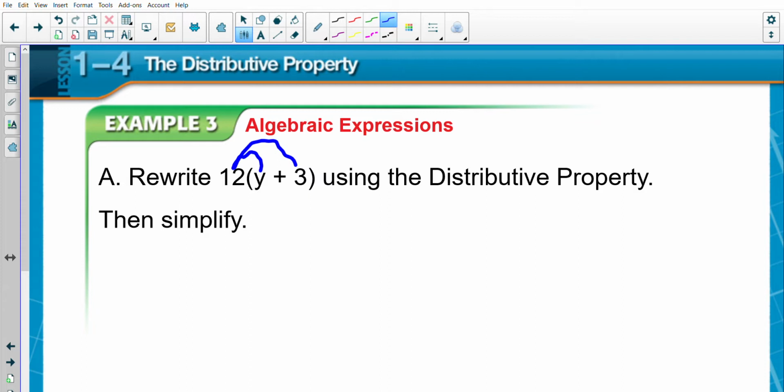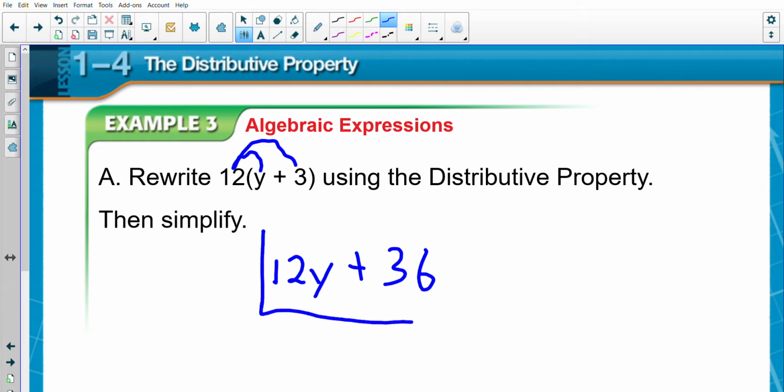So when I distribute, it simply becomes 12 times y, which is simply 12y, then plus what's 12 times 3? Boom. That expression is now simplified. That's all it means to distribute. I take what's on the outside and I multiply it to everything that's on the inside.